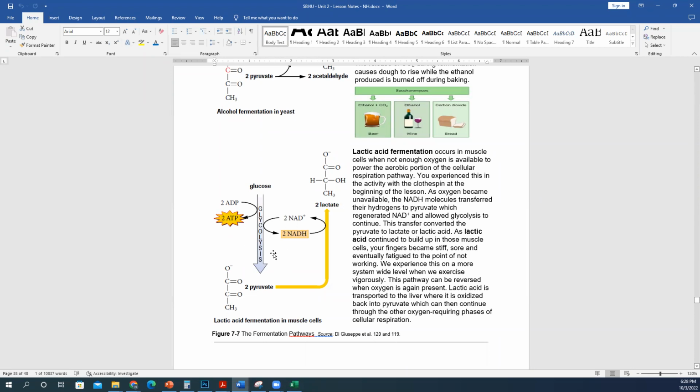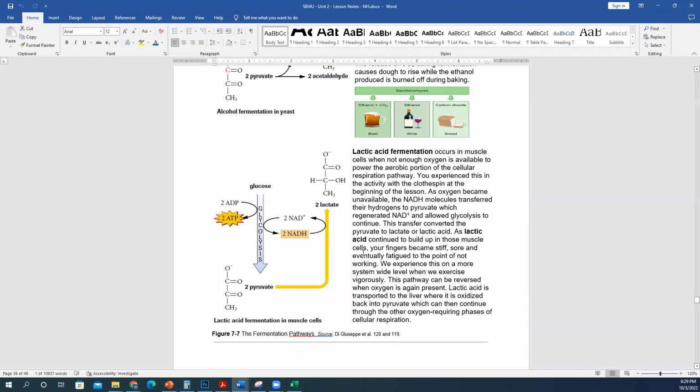This transfer converts pyruvate into lactate or lactic acid. As lactic acid continues to build up in the muscles, our fingers become stiff or sore, or if we've been running, our leg muscles feel very stiff and sore. That's because of the buildup of lactic acid.